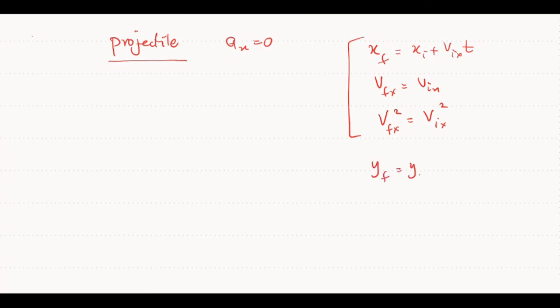Y final equals yi plus v initial y t plus half ay t squared, and ay is going to be minus 9.8.